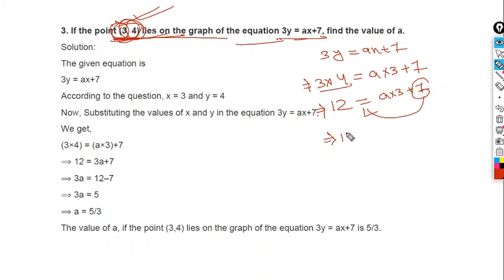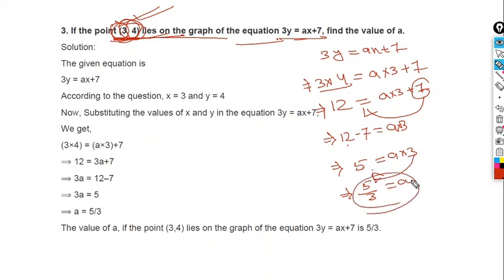So 12 minus 7 equal to a into 3, so 5 equal to a into 3, which implies 5 divided by 3 equal to a. That means we transpose the 3 to the LHS. So now we got the value of a as 5 by 3. In this way I have done it, that is a equal to 5 by 3.